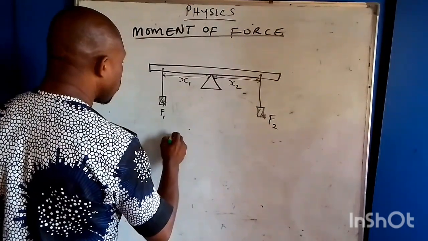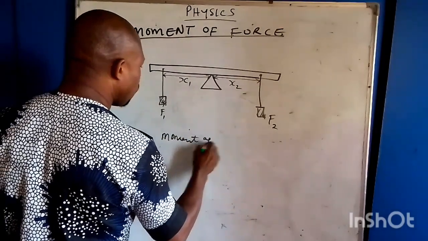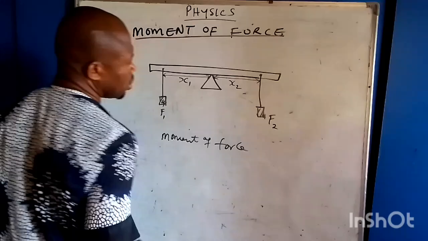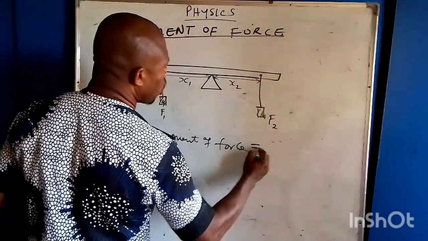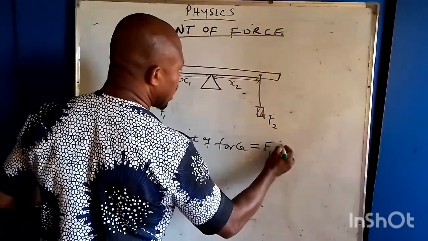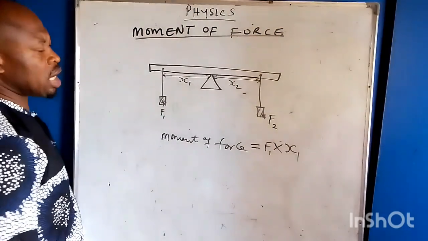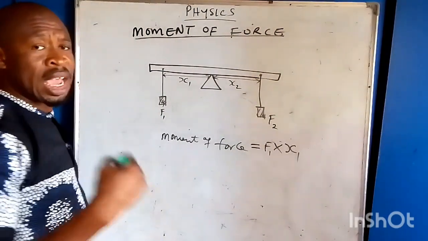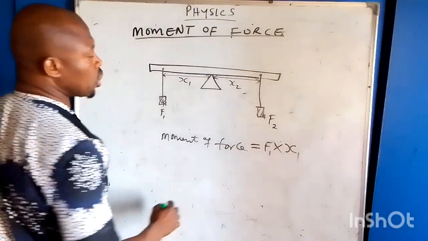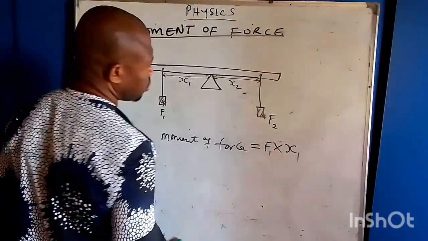Now we can say moment of force is a product of this force F1 and the perpendicular distance x1. We can derive the SI unit from this.